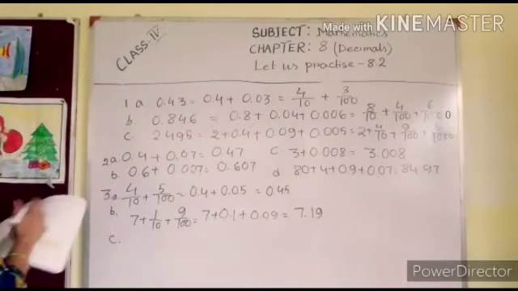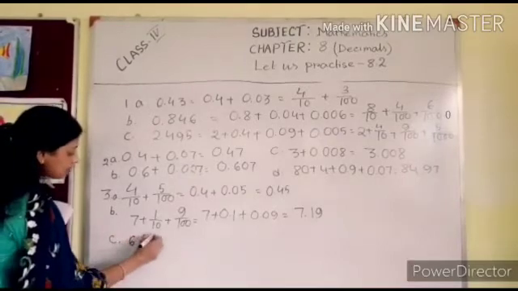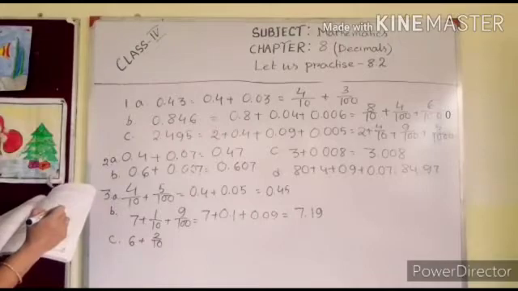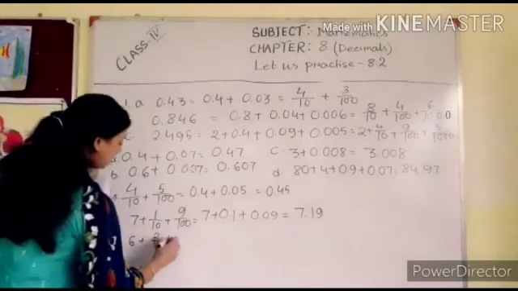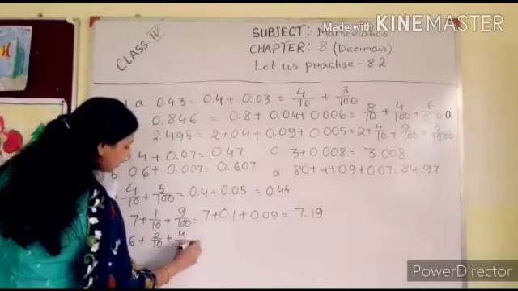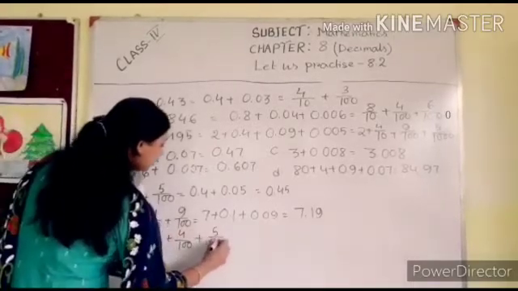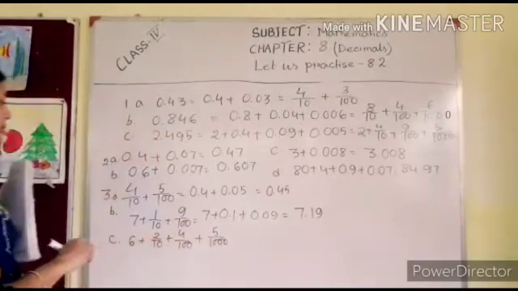6 plus 2 by 10 plus 4 by 100 plus 5 by 1000.